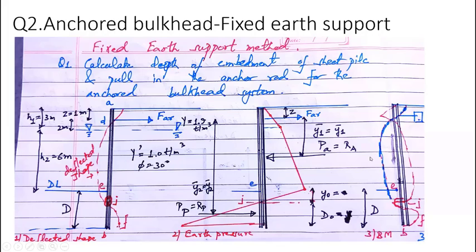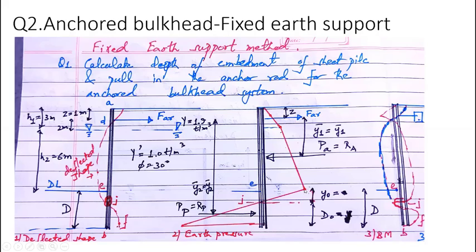Okay, so the density above the water table is given 1.9 ton per meter cube. The density below, submerged, is given 1.0 ton per meter cube. Soil is phi equals 30 degrees. So it's a sandy deposit. So up to the water table, this is the active pressure distribution.